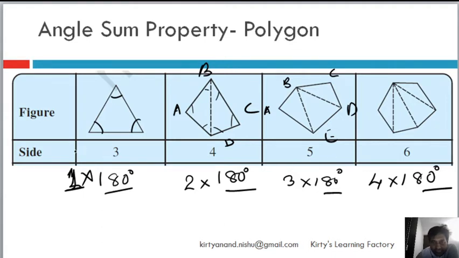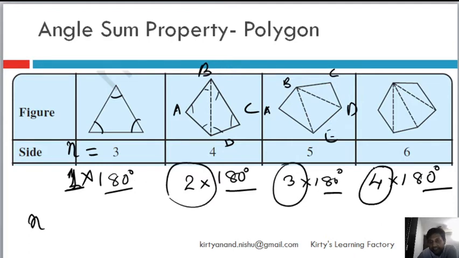So n equals 3, 4, 5, 6, and the value of the expression is 1, 2, 3, 4. The value of the expression is less than n. Every time n increases by 1, the coefficient with which I am multiplying 180, which is the number of triangles I can form inside the polygon, also increases by 1.